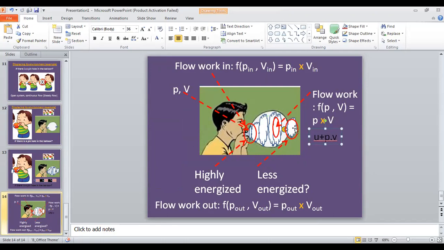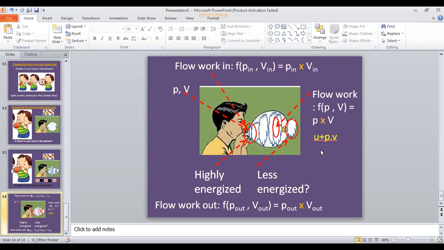The internal energy plus the flow work of this. Because if not, the PV energy component is here, and this cannot displace the surroundings. So before displacing the surroundings, this must have this flow work energy potential as well, other than the internal energy.